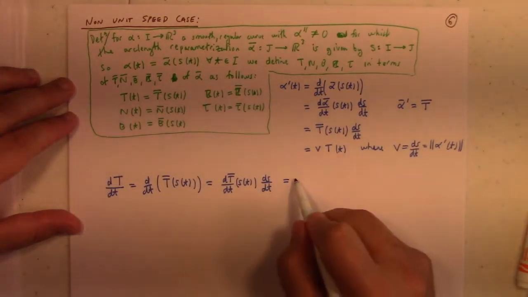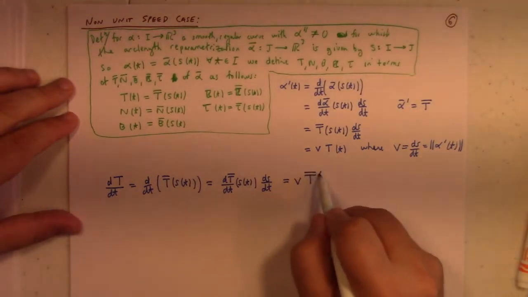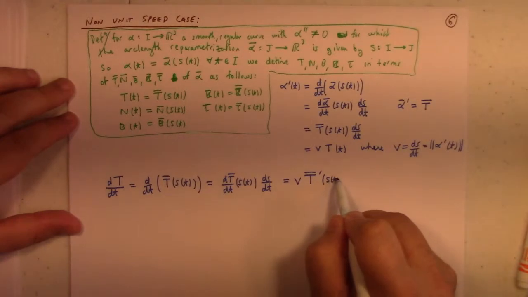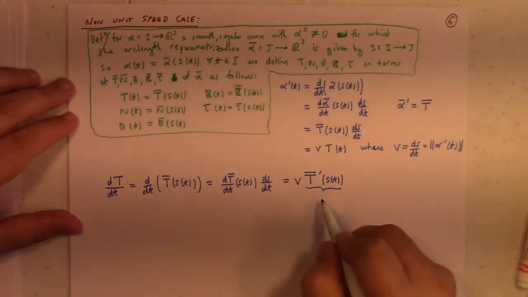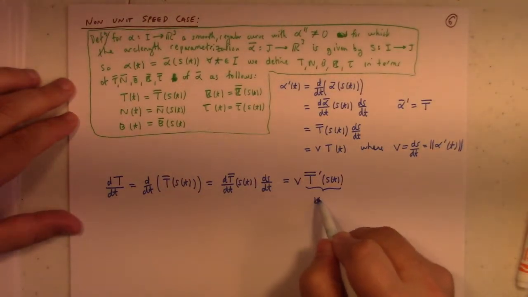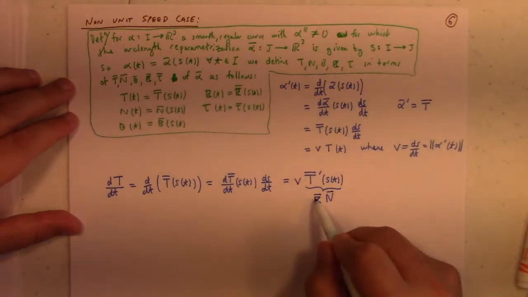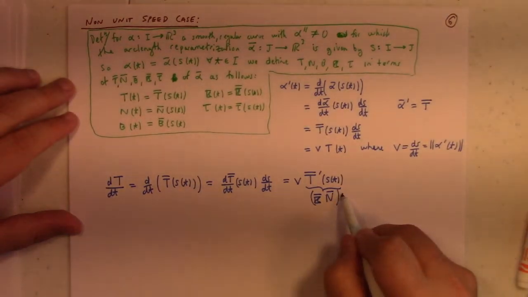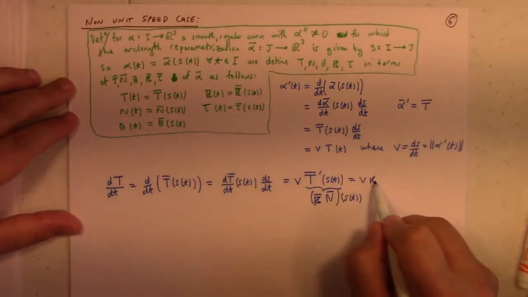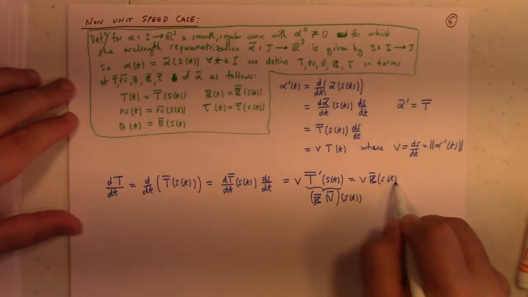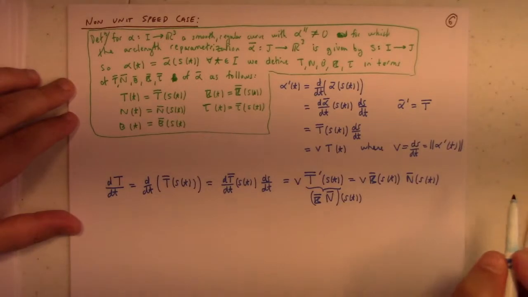So that gives us the speed times T bar prime evaluated at s of t. But we know the Frenet-Serret equations give us that this is exactly the curvature times the normal, evaluated at s of t. In other words, we get v times kappa bar of s of t times N bar of s of t, by the first Frenet-Serret equation.